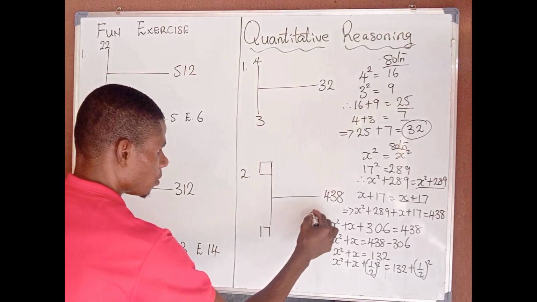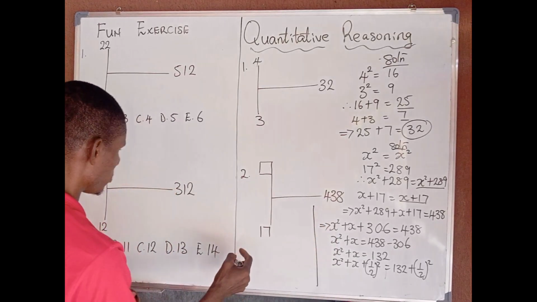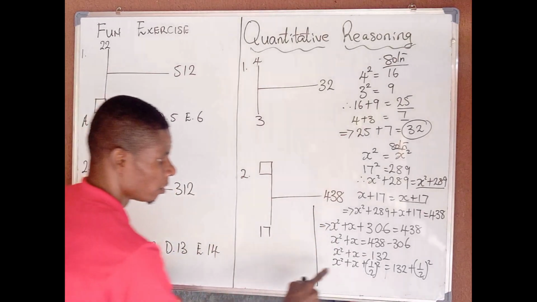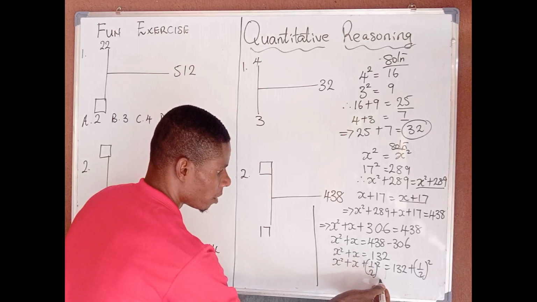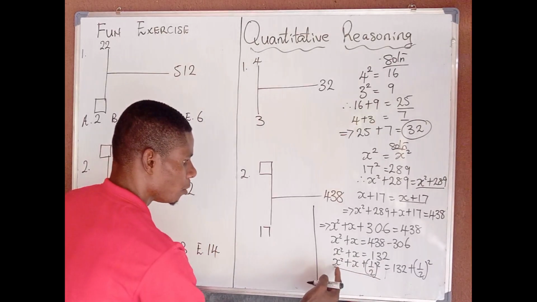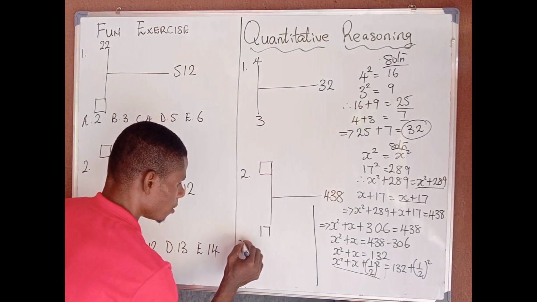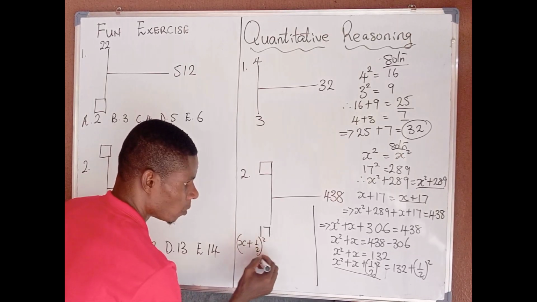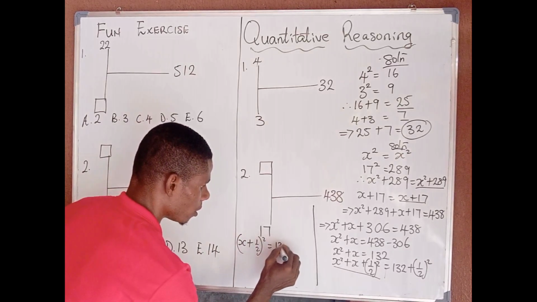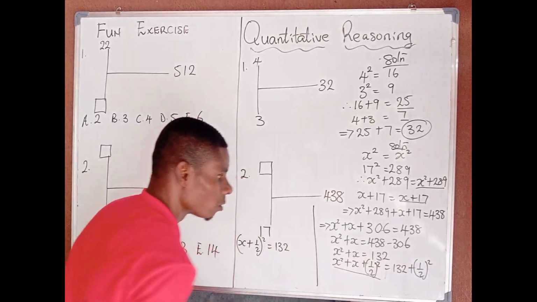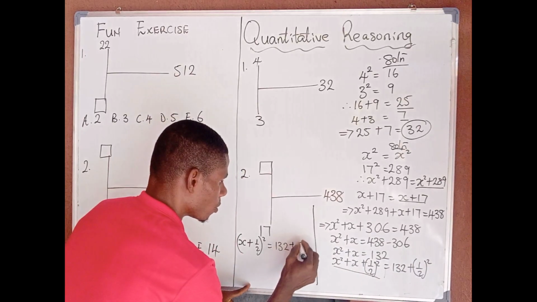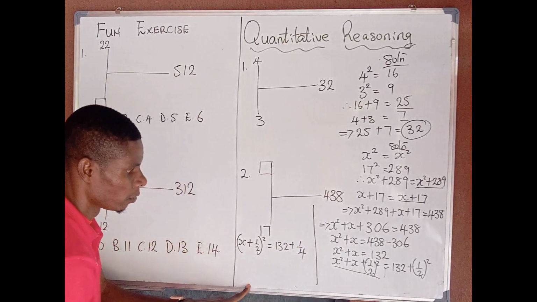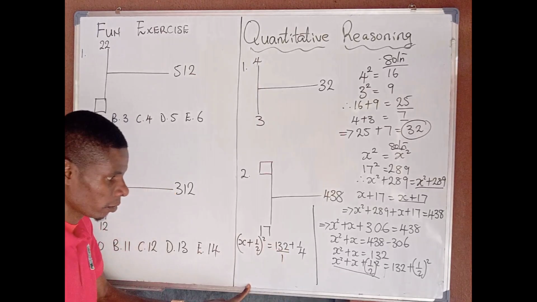What I did here is what I did here. Okay, so here this part is a perfect square, so let me pick this and pick this. That here will be x plus 1 over 2 all squared is equal to 132. So 1 over 2 all squared will be plus 1 over 4. So I can make this one to be a fraction, okay?